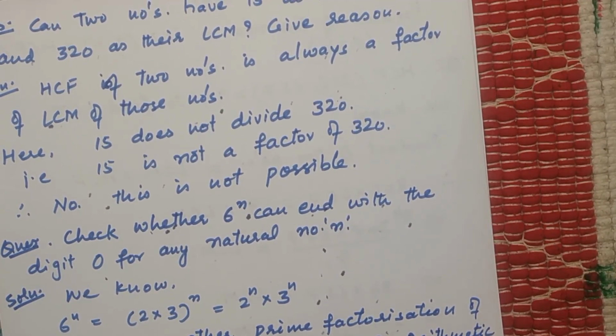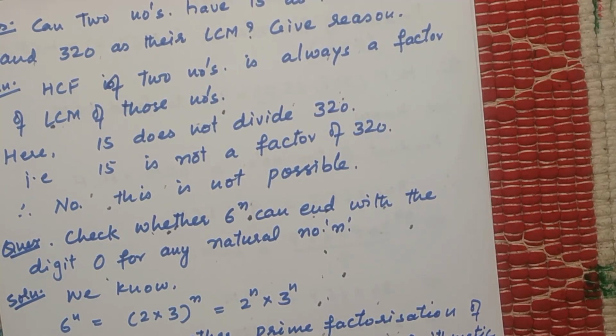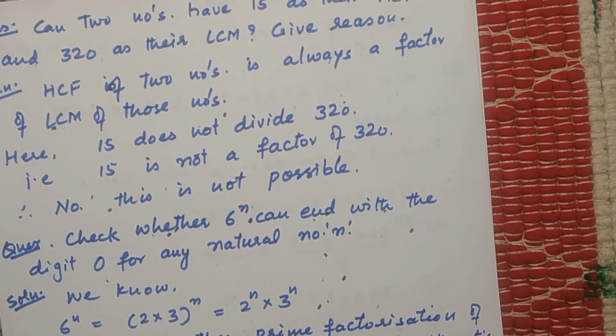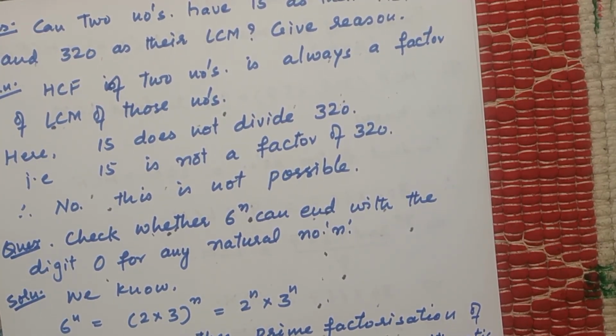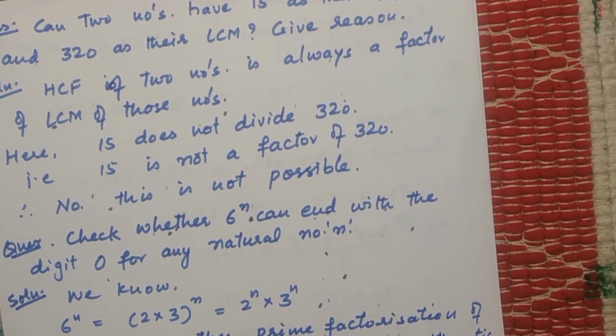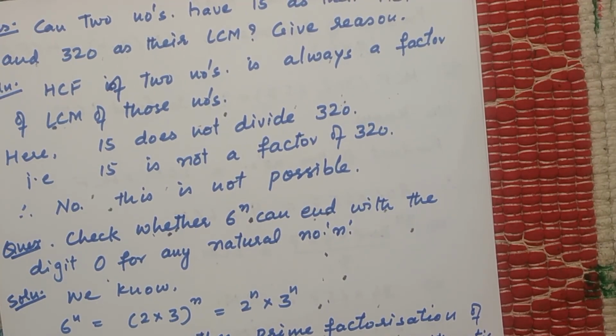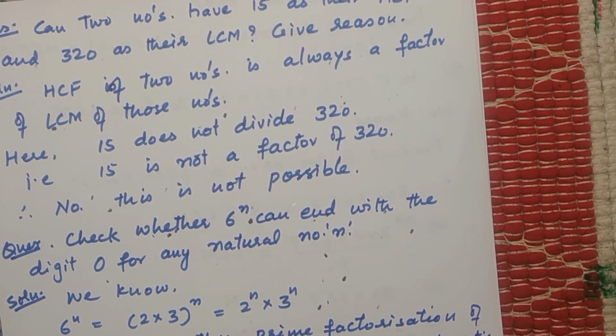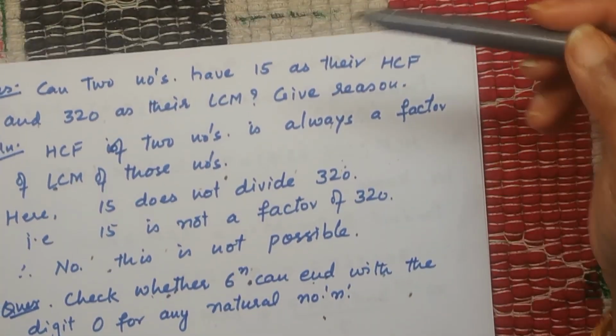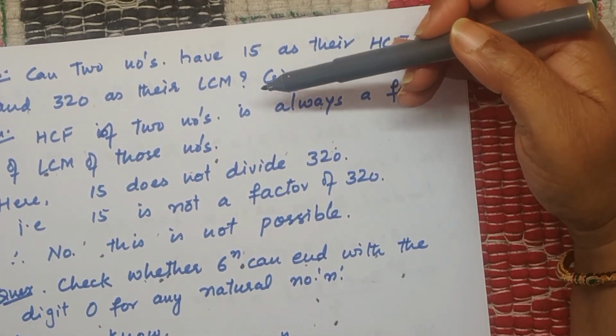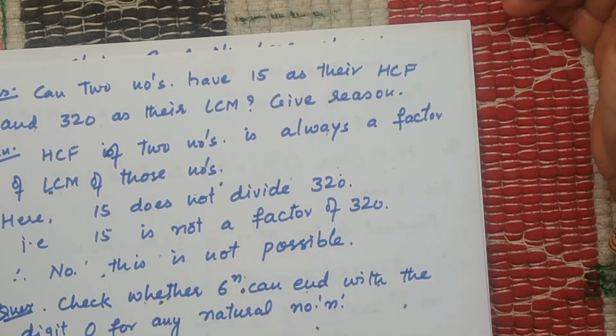That means HCF will also be a factor of LCM because HCF is common factor of the two numbers and LCM is common multiple of those two numbers. So always remember HCF is always a factor of LCM.